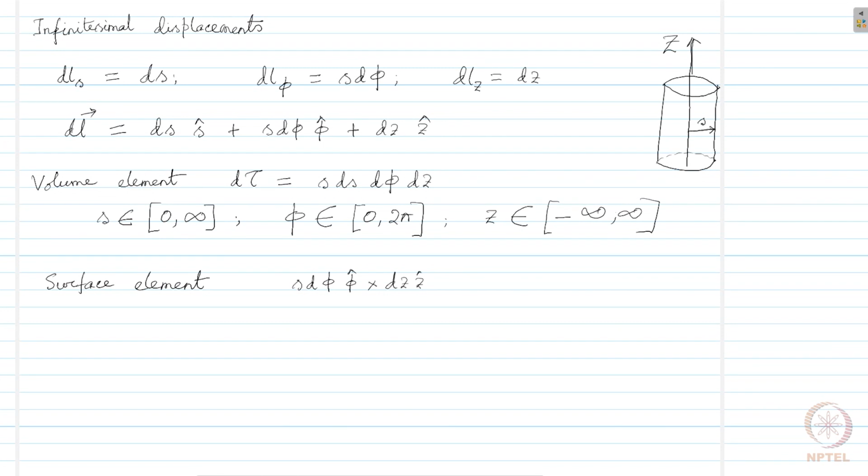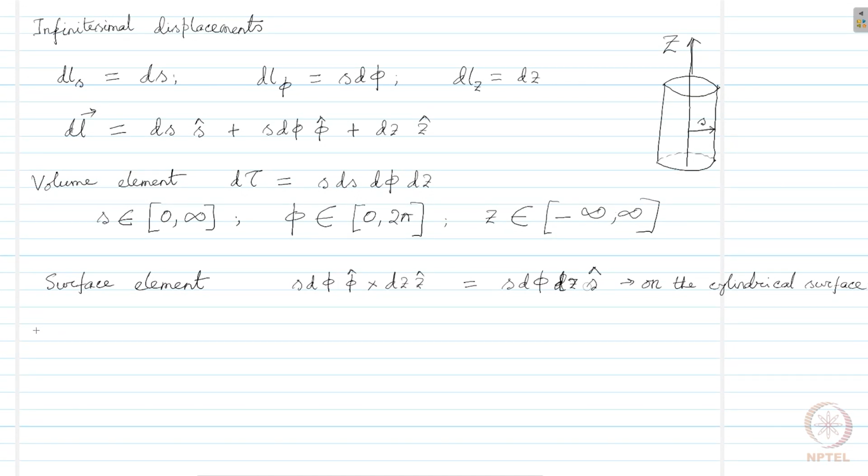So, dz z cap, and this will give us s d phi dz, and the direction of this surface element would be s cap in this notation. So, this is a surface element on the cylindrical surface. We can find out other surface elements in a similar way.